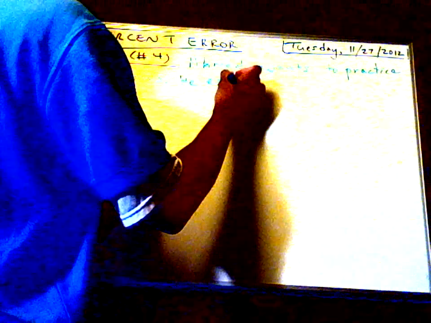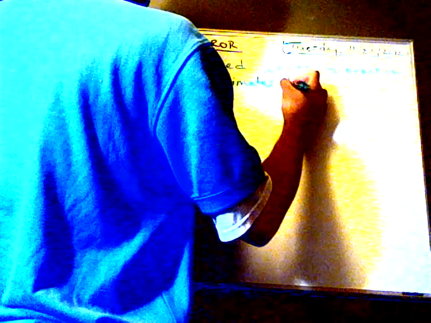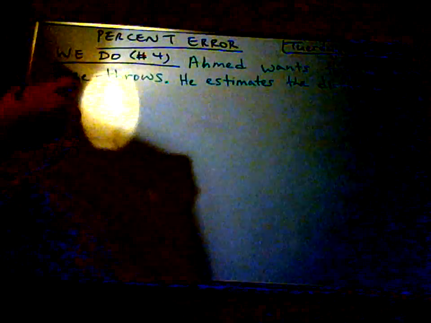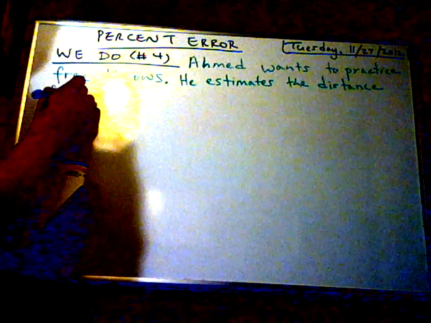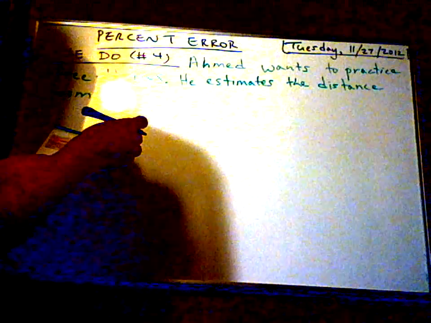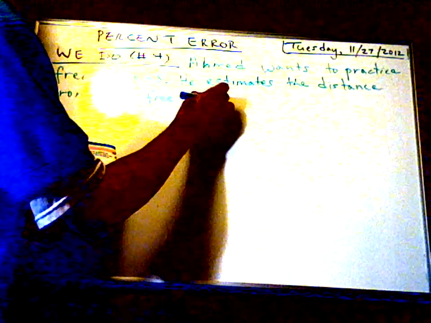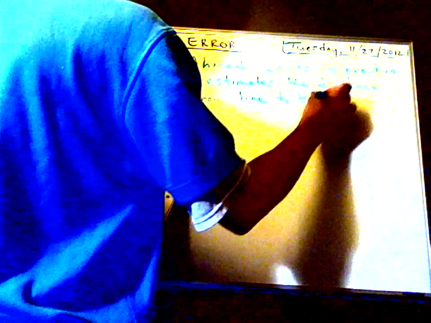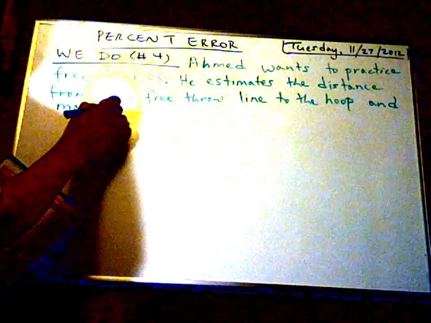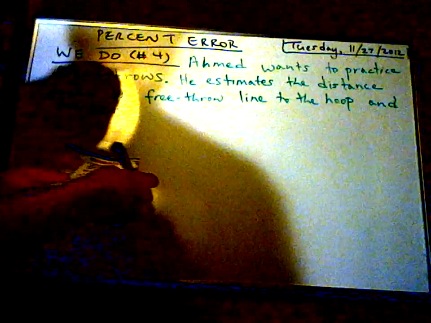He estimates the distance from the free throw line to the hoop and marks it. He marks it with chalk.